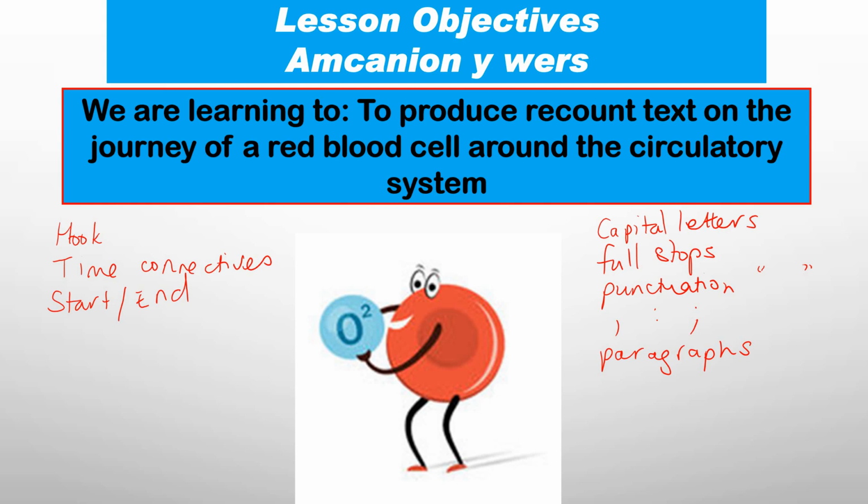We're going to start with number 1 and go around the body, okay, in the correct order. So it would go 1, 4, 3, 2, and then back to 1 again, okay? So time connectives, starts and ends, okay, where your journey is going to start and ends. We want some description, and most of all, we want it to be fun, okay?